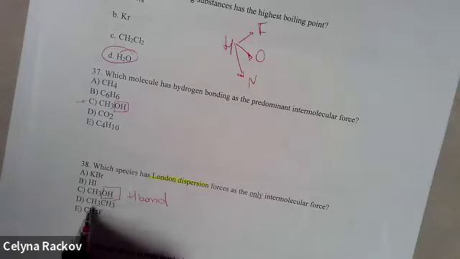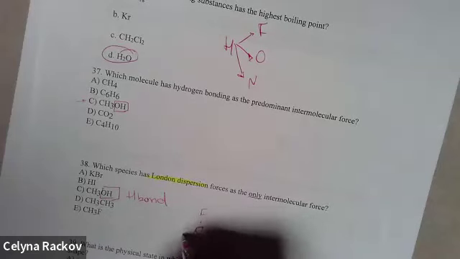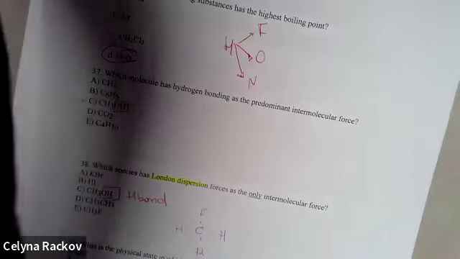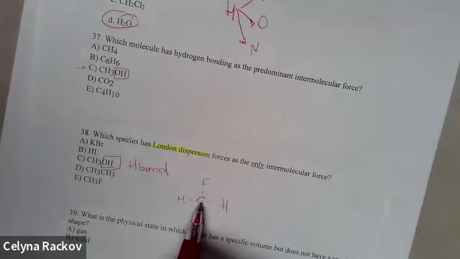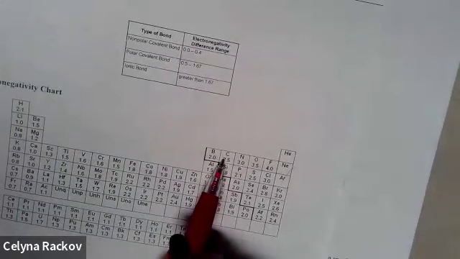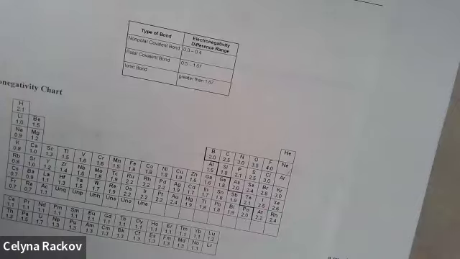Okay, so in that case here, you have carbon with fluorine, hydrogen. And you know the bonding between carbon and fluorine is a polar bonding. We have an electronegativity difference above 0.5. So it was here at the chart, carbon 2.5 and fluorine 4. 4 minus 2.5, you have 1.5.